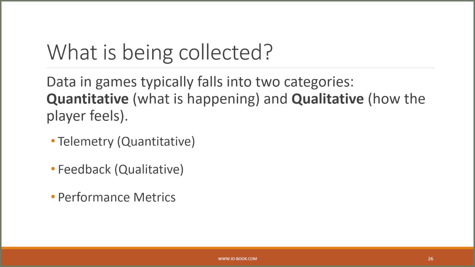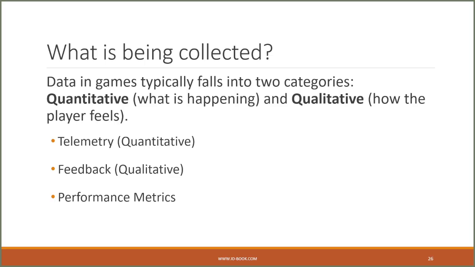And then feedback, or qualitative data, is gathered through surveys, through different posts, in direct play testing where players describe their emotional response to the game. So those are another layer. They are not automatic. You need to interact with your users to get their feedback.